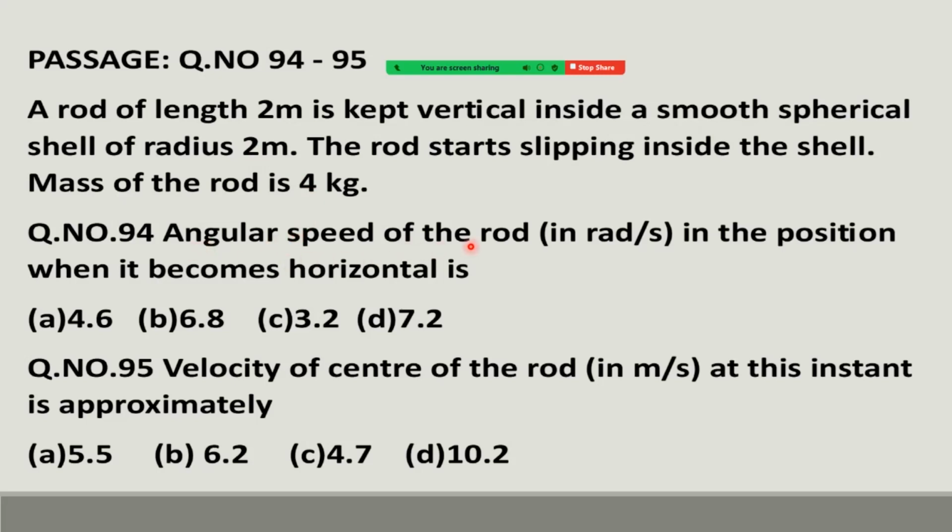Angular speed of the rod in radian per second in the position when it becomes horizontal is. Next, velocity of center of the rod at this instant is approximately. Let us focus now on these two. How to calculate.